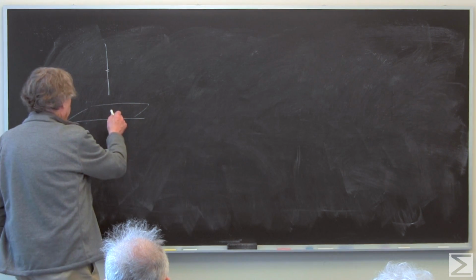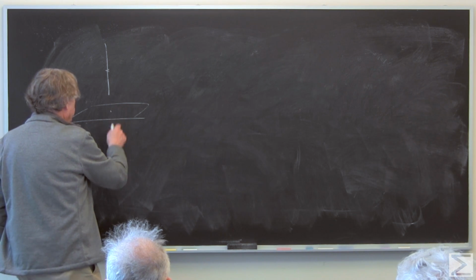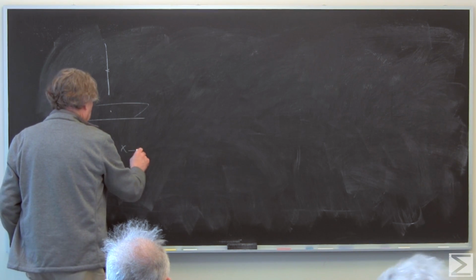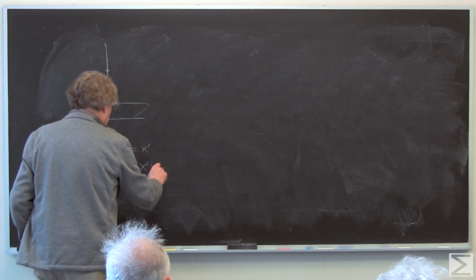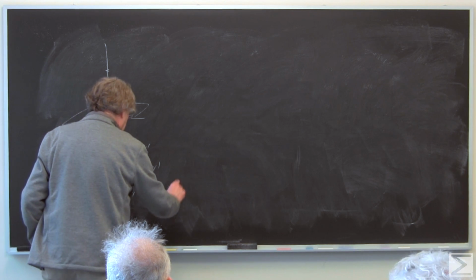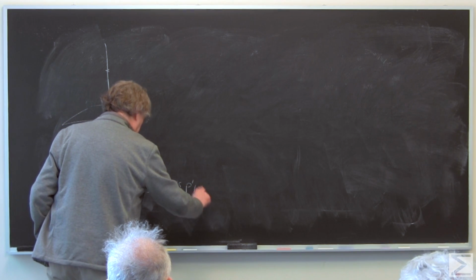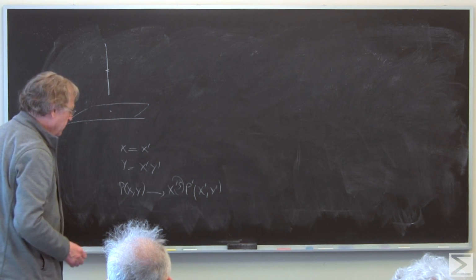If I take the first valuation I talked about, which is the order at the origin, I go back like this, my polynomial becomes x prime to the s, p prime of x prime and y prime. And this is the order of vanishing at the origin.